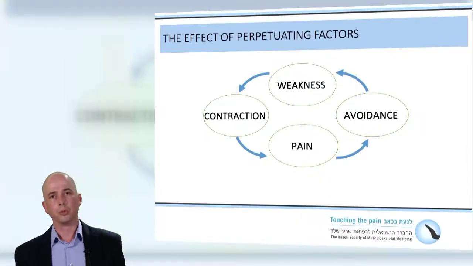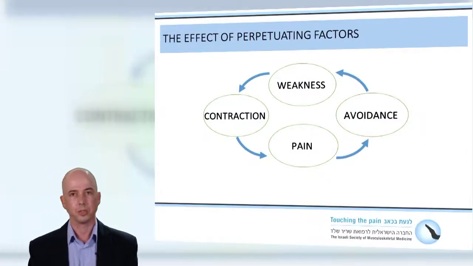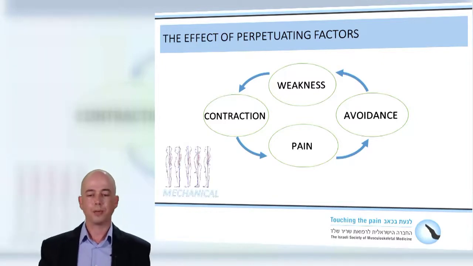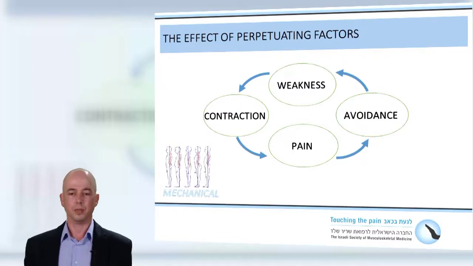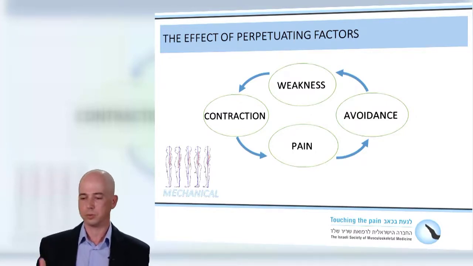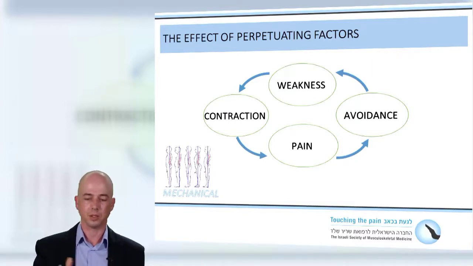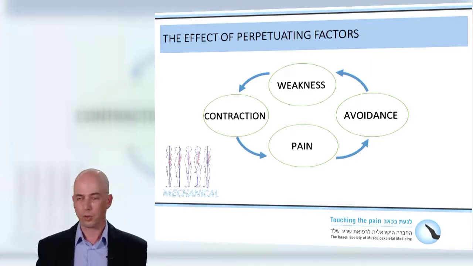How do they contribute to this vicious cycle that we saw before? Well, mechanical factors may be, say, ergonomic factors, like sitting in front of a computer of which the screen is on the right side.